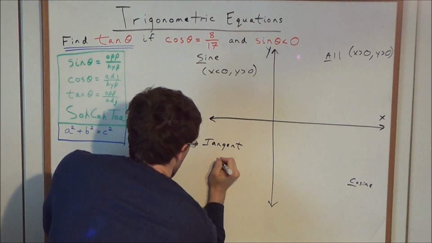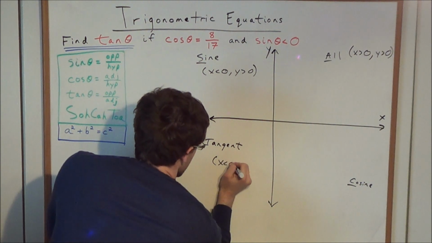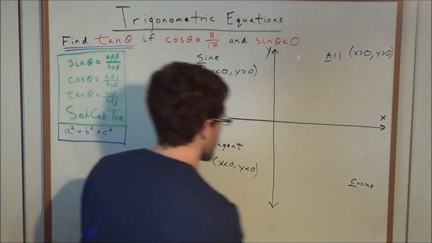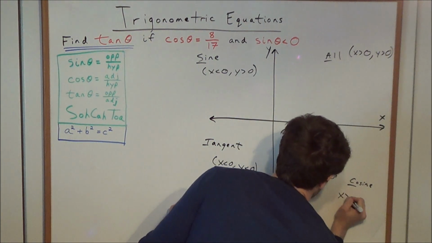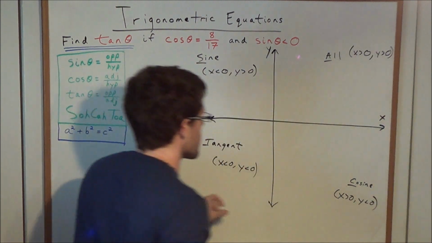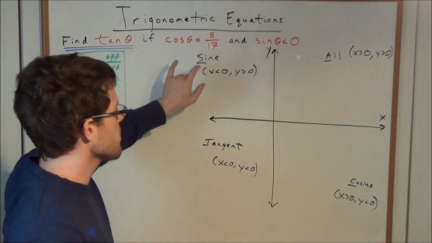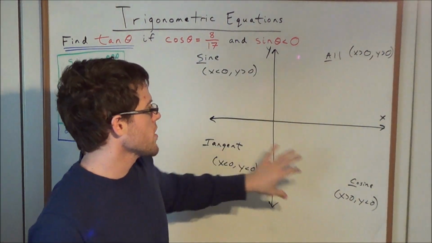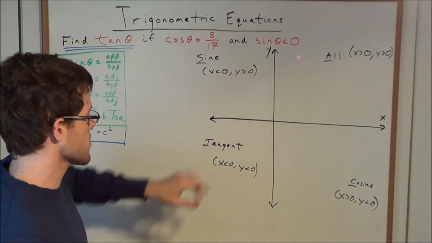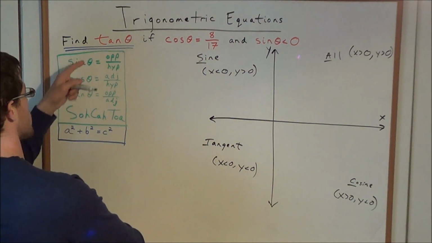In the third quadrant, x is less than 0 and y is less than 0. And finally, in the fourth quadrant, x is greater than 0 and y is less than 0. This is going to help determine how to make the sides of our right triangle involved in solving this problem. Now that we have this information, let's begin looking at the question.